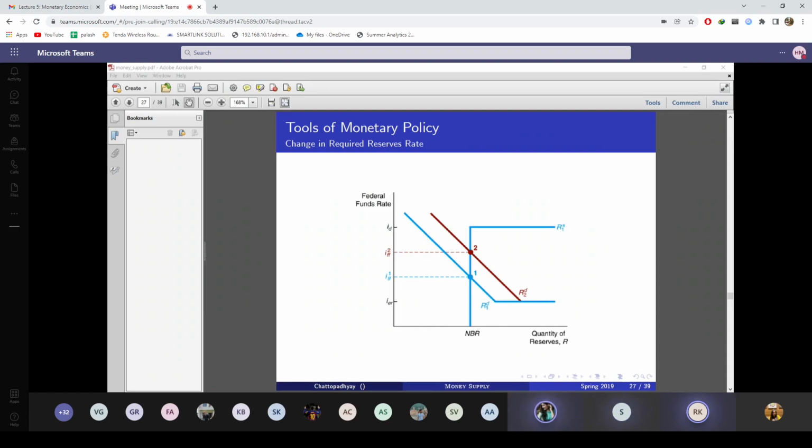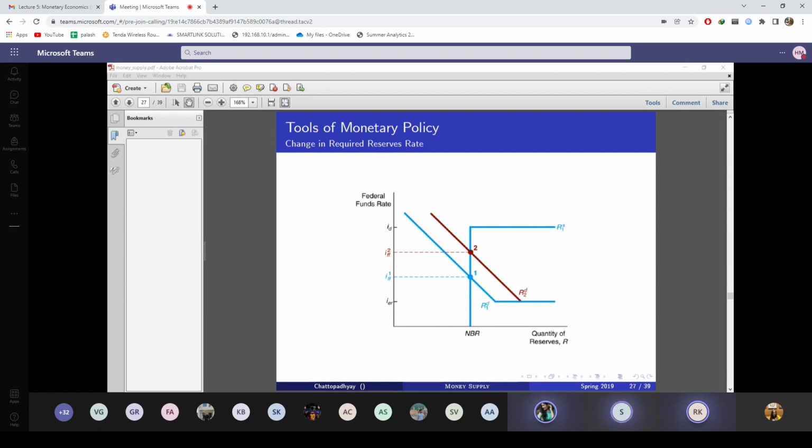Through ISLM analysis, right? So when money supply rises, the LM curve is moving leftward or rightward? It's moving rightwards.